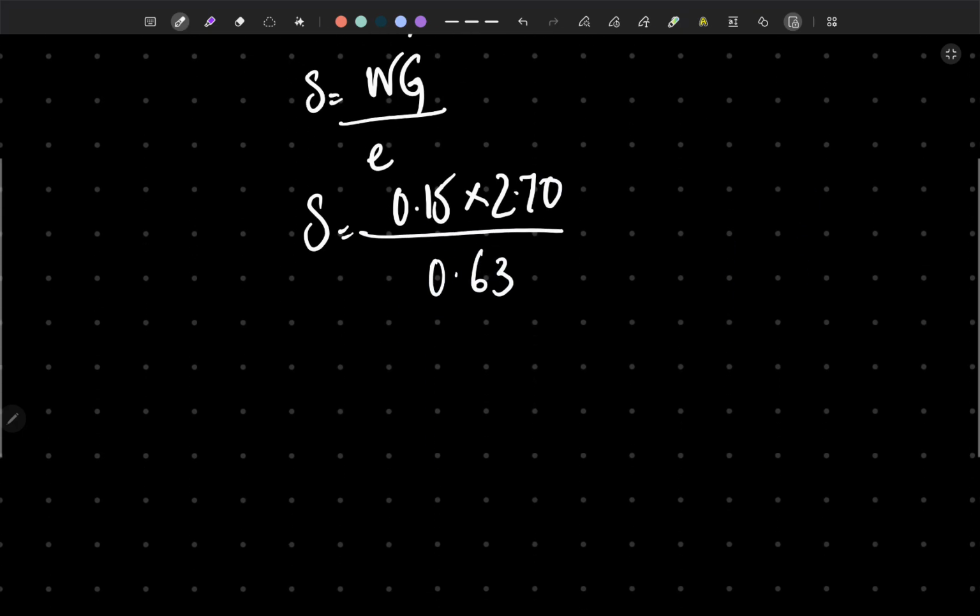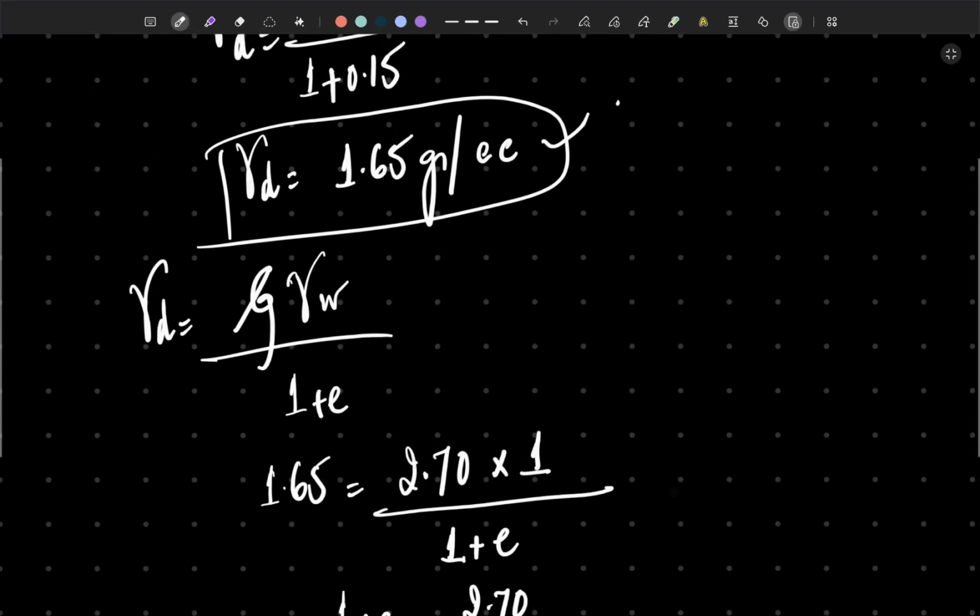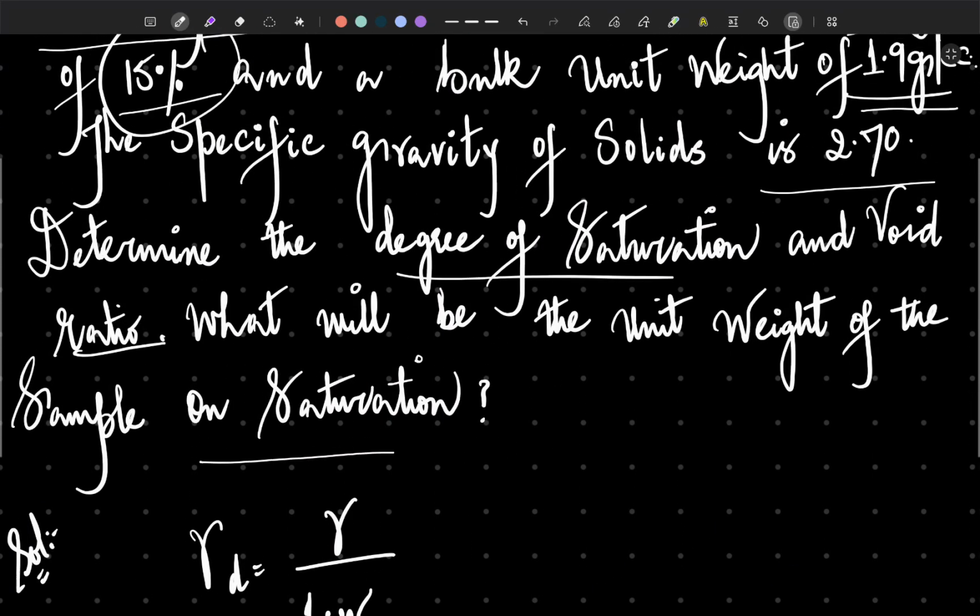By calculations, degree of saturation is 64.28%. All right, degree of saturation is 64.28%. With this, we completed the first part of the question, which was to find out the degree of saturation and void ratio.